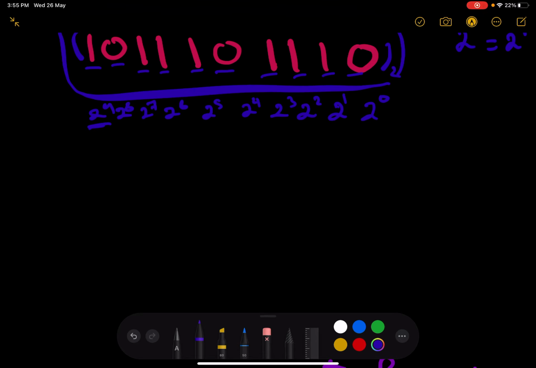So now we're gonna add these numbers together only if it had 1 in front of it. If it has 0, just ignore it. So this one will be ignored, this one will be ignored, and this one will be ignored.